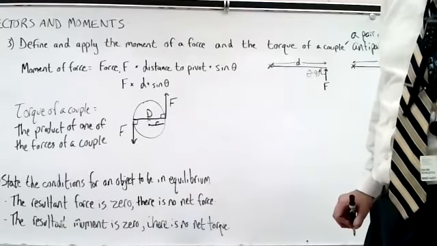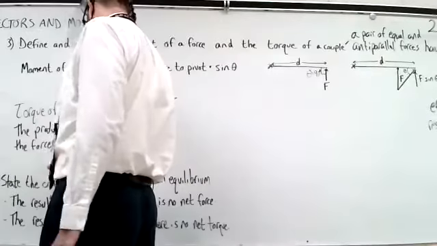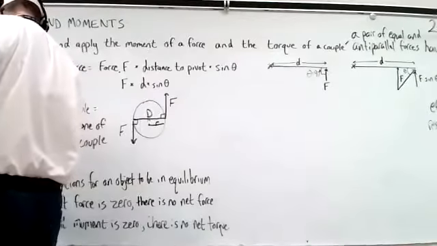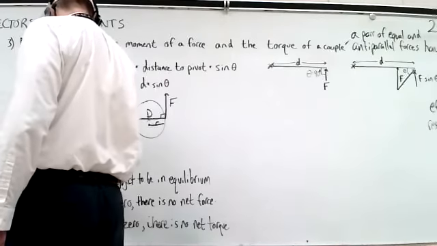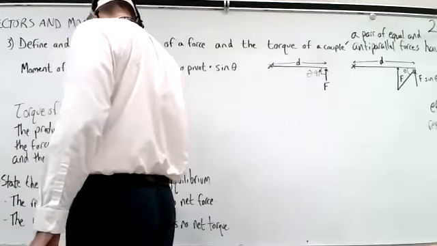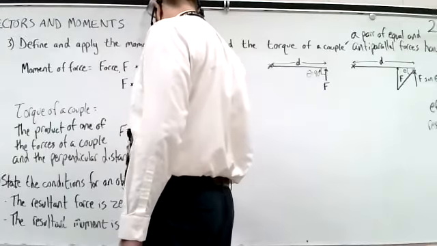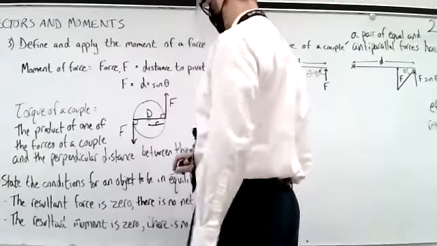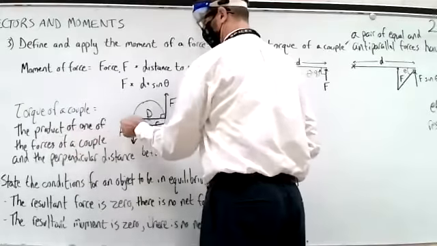The product of one of the forces of a couple and the perpendicular distance between them. The perpendicular distance between them, this, one of the forces, F, right?